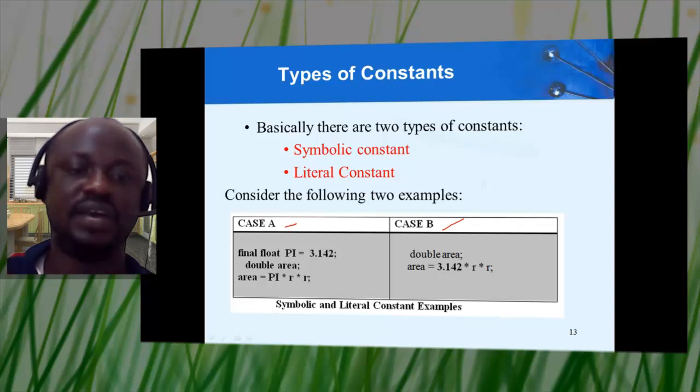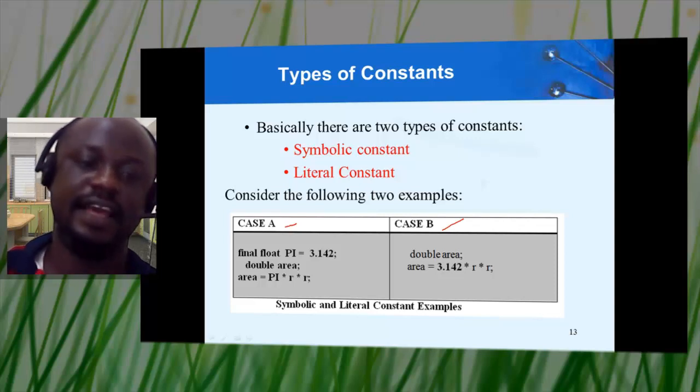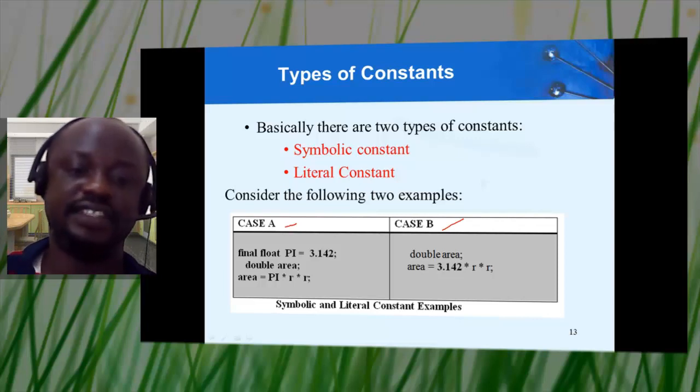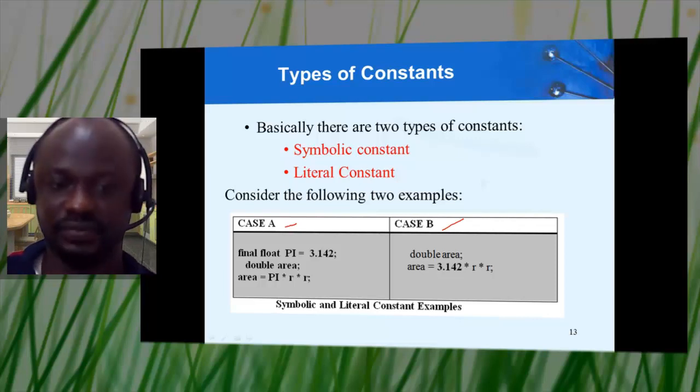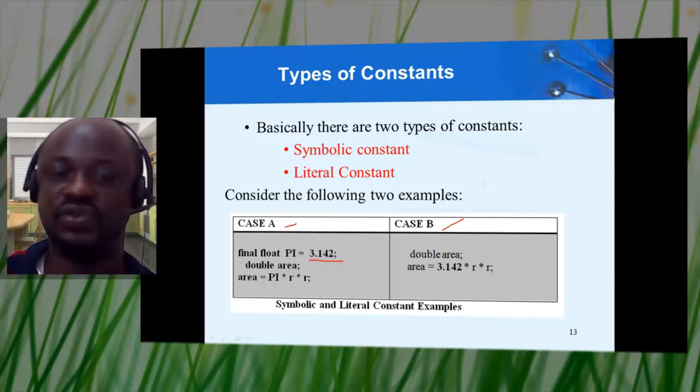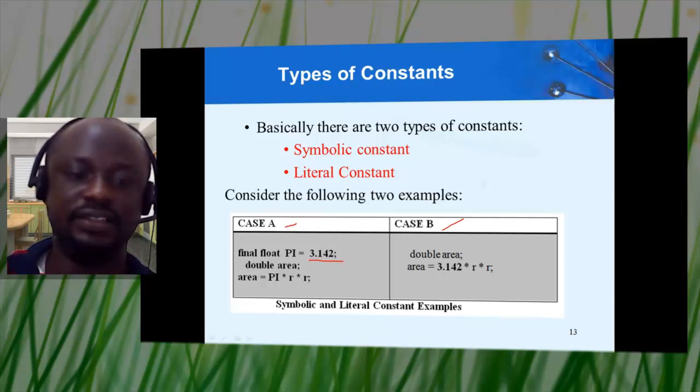Here, you want to calculate the area of a circle. You all know from elementary mathematics that the area of a circle is pi r squared. So in programming, you can declare the pi as a constant, either as a symbolic constant or a literal constant. So for example, in case 1, you say final float pi is equal to 3.142 and double area.